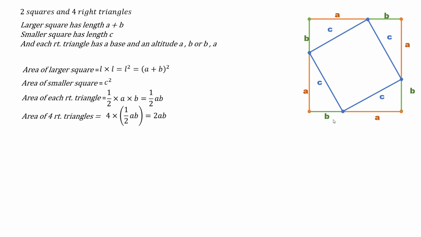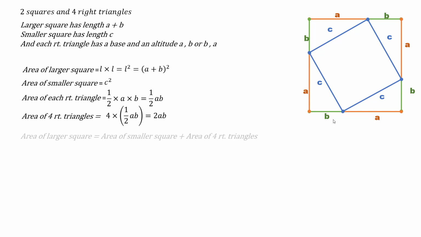Now finally we have all the ingredients prepared for our theorem to be derived. So what we are going to do is observe that the larger square contains all the other shapes, like the smaller square and the four right triangles.